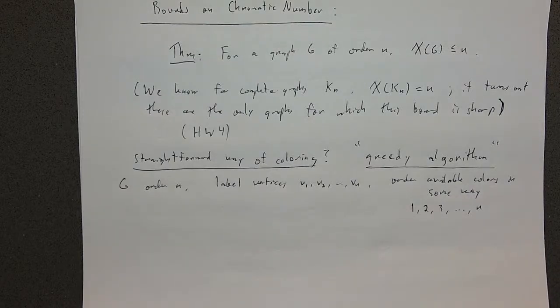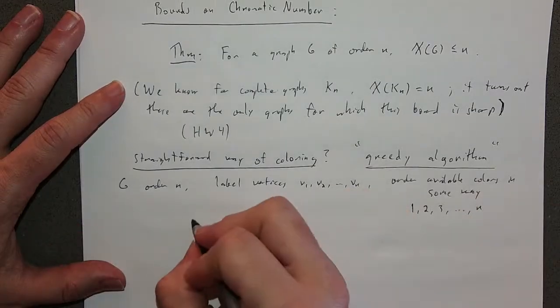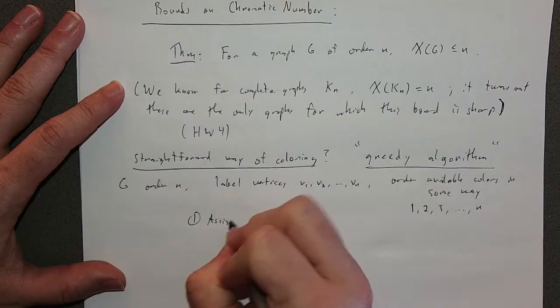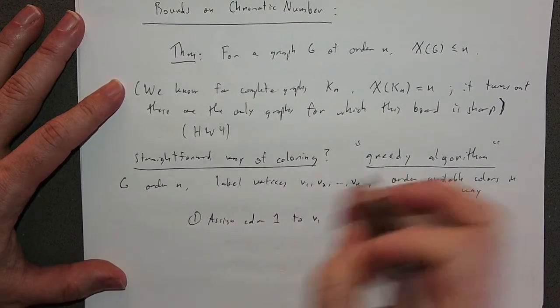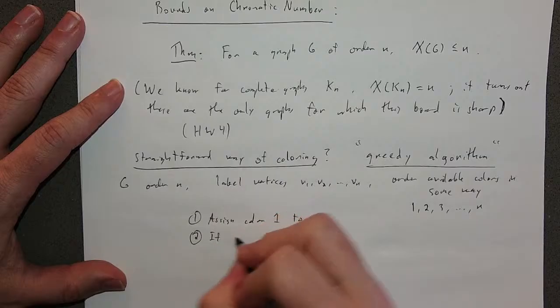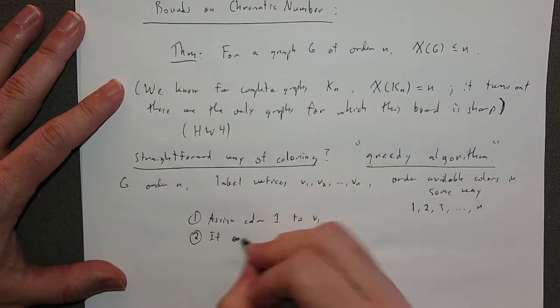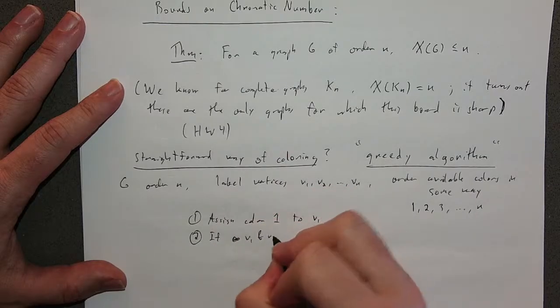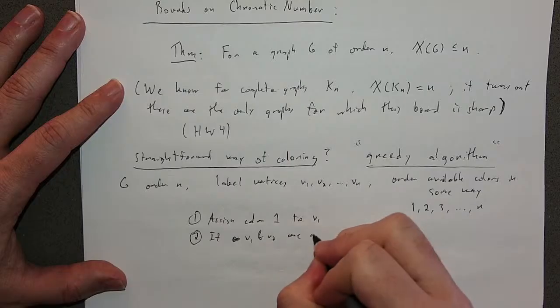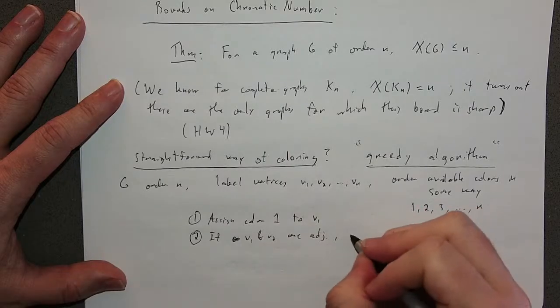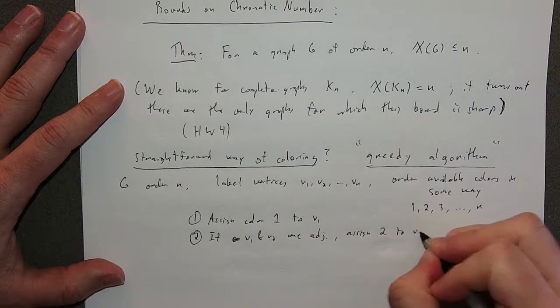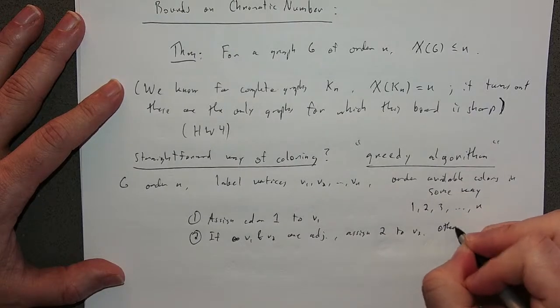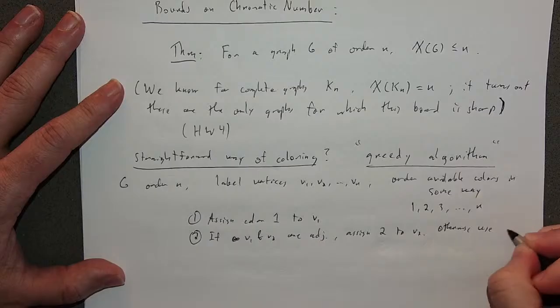If v1 and v2 are adjacent, assign color 2 to vertex 2. Otherwise, we use color 1 again.